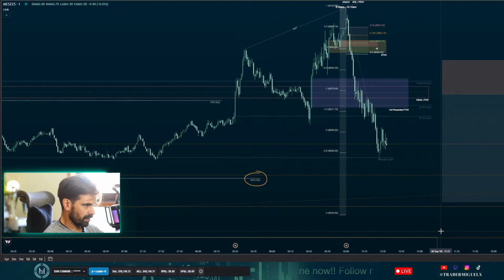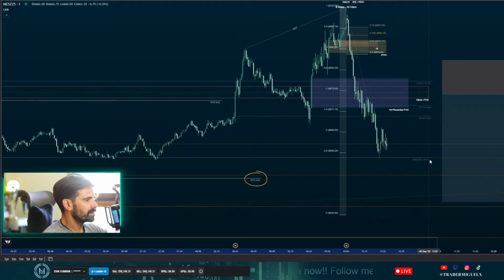It really feels like the market wants to make another low. But we have midnight open right here. And we already reached the wick. And we stopped right at the wick. So I would preferably look for a retrace into 830 probably.